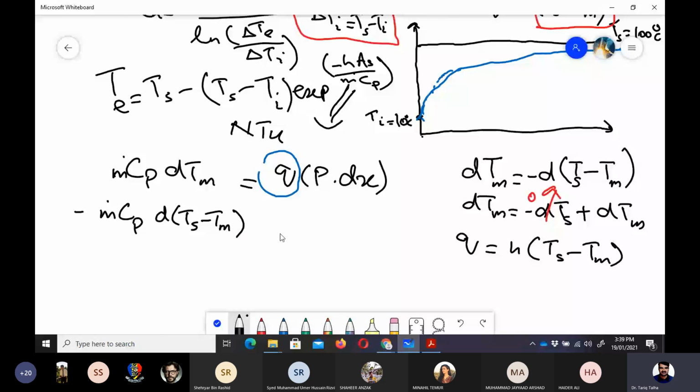Then we can also write h into P into Ts minus Tm into dx.